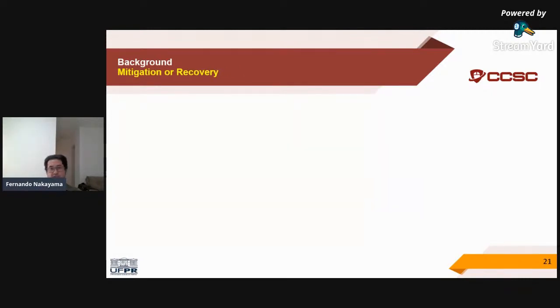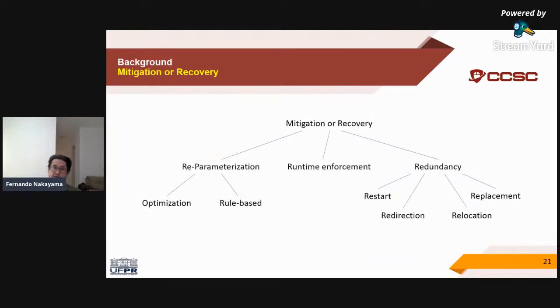During the development, a system can be adapted by changing its components, architecture, and parameters. So if those changes are shifted from the development time to the runtime, the system is defined as adaptive. So the actions for adaptive runtime reconfiguration of systems comprise mitigation or recovery methods.